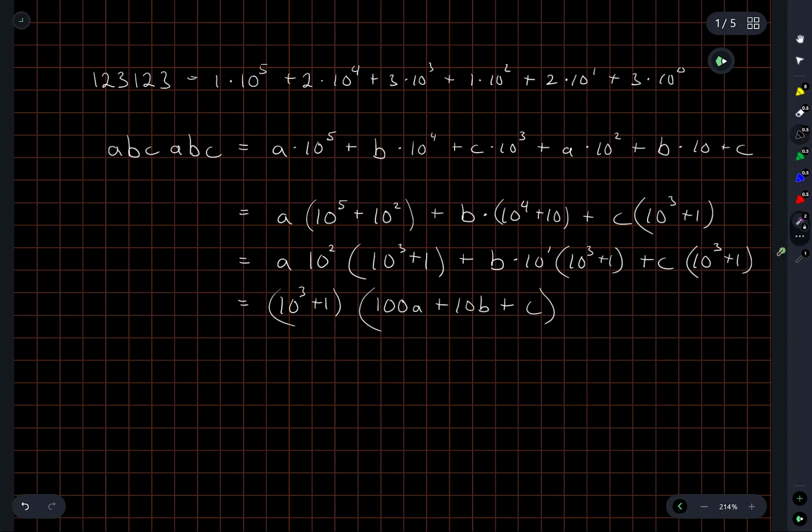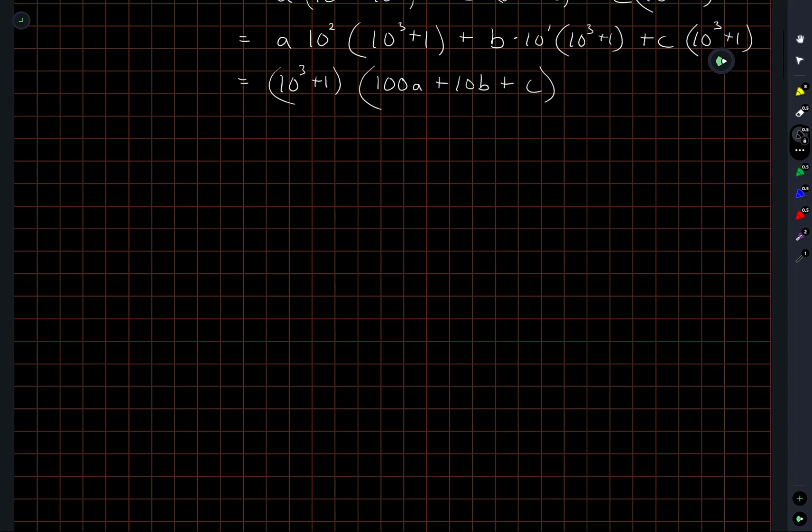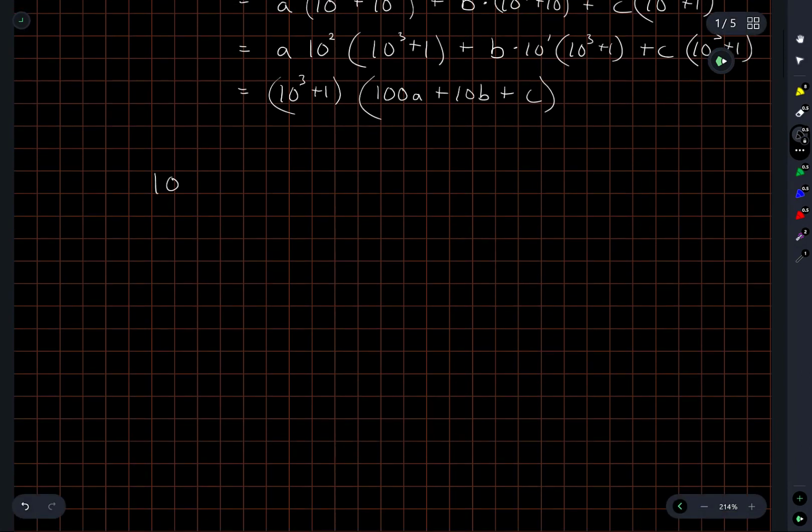Okay, so I'm guessing that this number, 10 to the 3 plus 1, or 1001, is divisible by 13. I'm going to put myself on the spot here and see if I remember how to do long division. I even remember the symbol for long division. Excellent. Okay, so 13 doesn't go into 10. How many times does 13 go into 100? 7 times. 7 times 13 is 91.